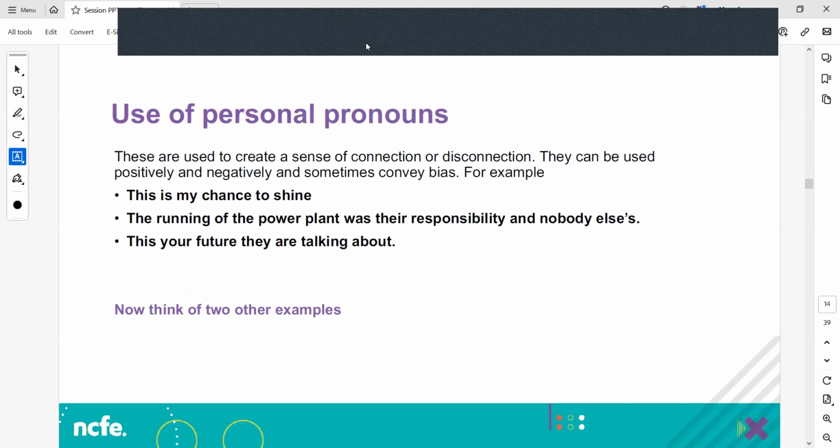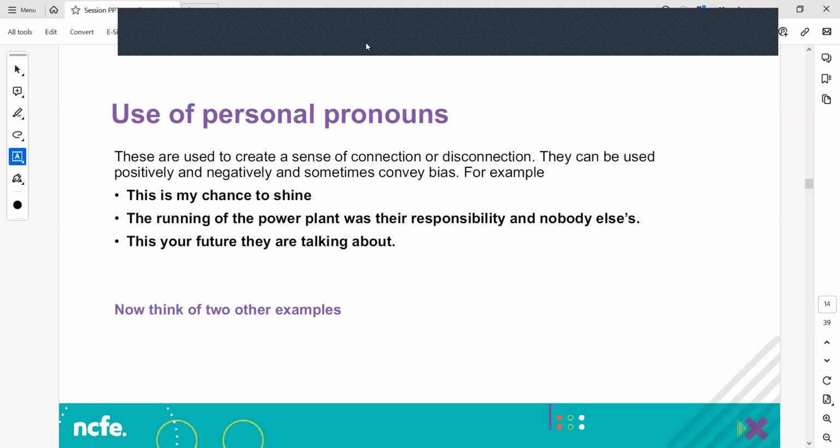So the use of personal pronouns. This is very similar to direct address. They're used to create a sense of connection or disconnection. So in a positive sense, they'd be used similarly to the direct address, but not when we're talking about disconnection. So they can be used positively and negatively, and sometimes they convey bias. So some examples.